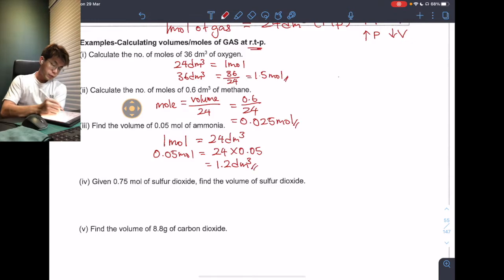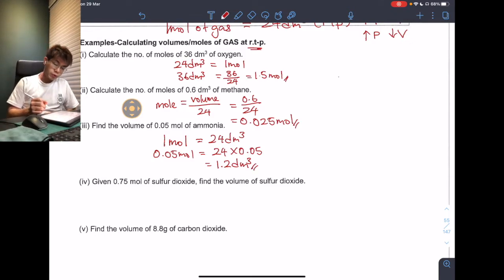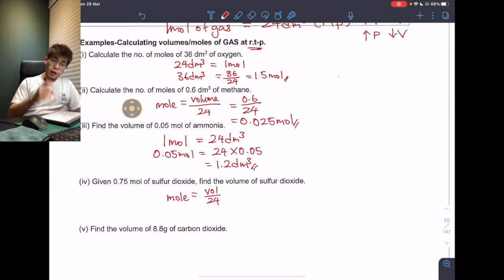Okay, let's try the next one. 0.75 mole of sulfur dioxide, find the volume. This time I will use the equation method, the formula method. The formula states that mole equals volume divided by 24. Now I want to find volume. So volume, bring the 24 up, is equal to mole times 24.